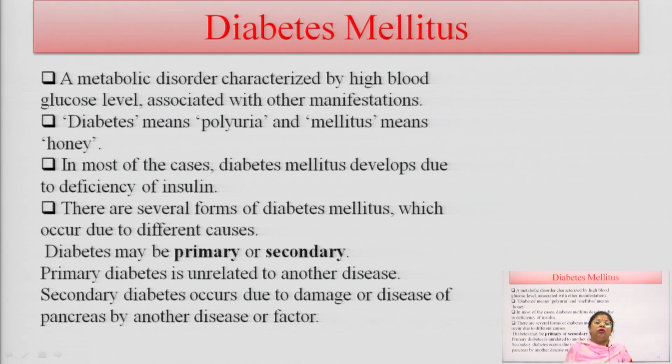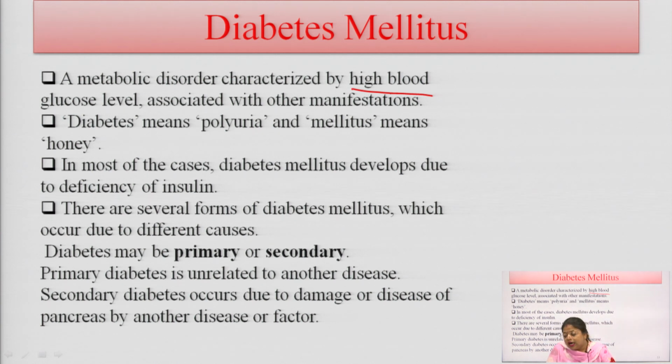And now the main disease which occurs with hyperglycemia is diabetes mellitus. Everyone knows that most families in India have a patient with diabetes. So, diabetes is basically a metabolic disorder characterized by a high blood sugar level, which is also associated with different clinical manifestations.